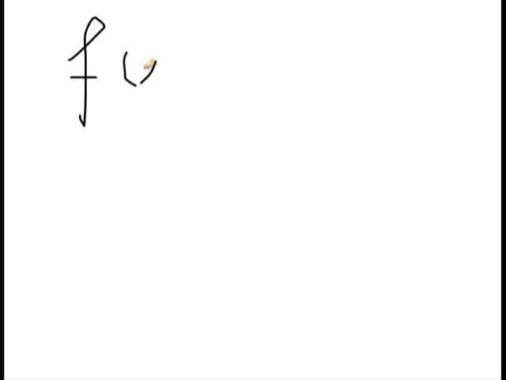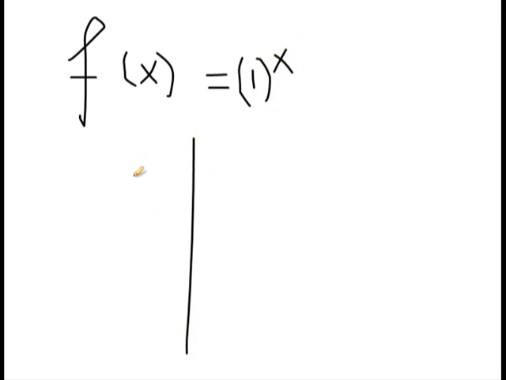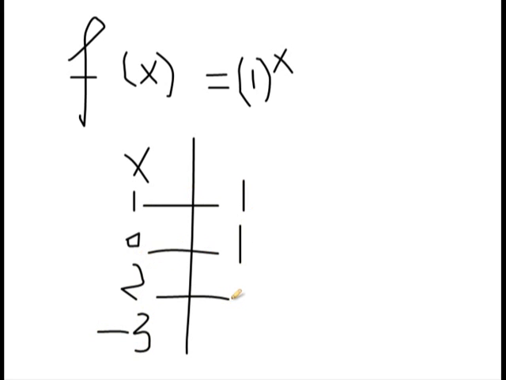Let's say I have f(x) equals 1 to the power of x. If I take x equal 1, 0, 2, -3, whatever the value I take for x, the result is always going to be 1. It's the same. That's why.